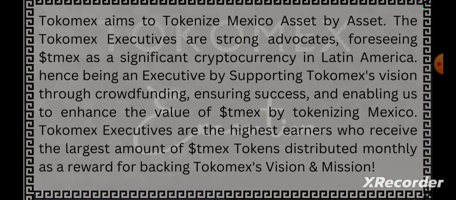Hence, being an executive means supporting Tokomex's vision through crowdfunding, ensuring success, and enabling us to enhance the value of TMEX by tokenizing Mexico. Tokomex executives are the highest earners who receive the largest amount of TMEX tokens distributed monthly as a reward for backing Tokomex's vision and mission.